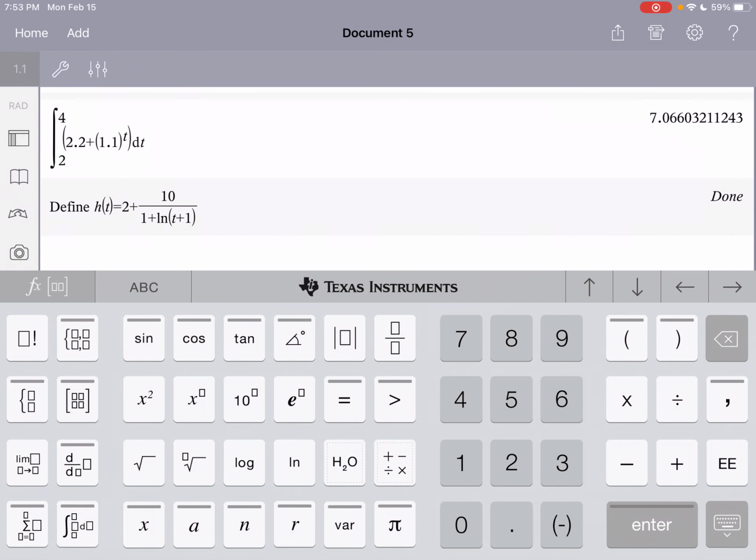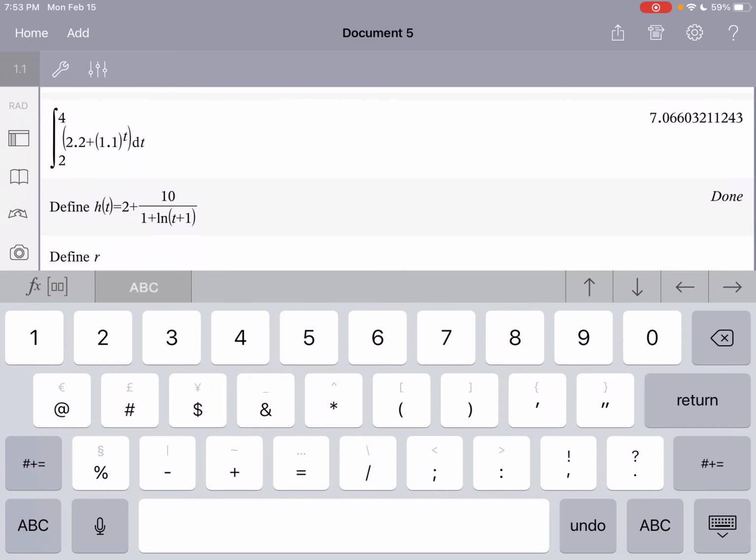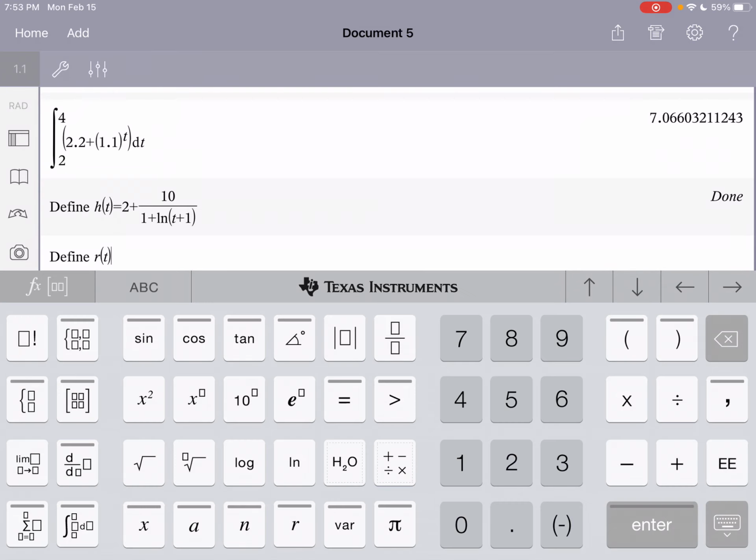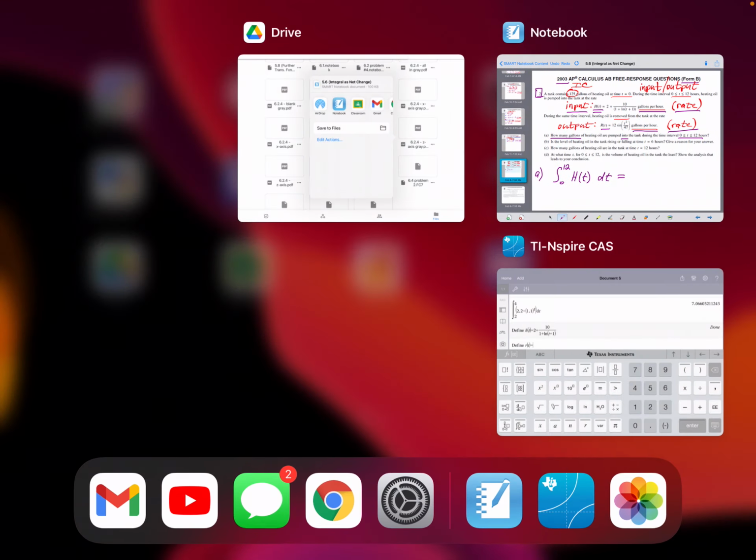Got it. And now, while I'm here, let me go ahead and define the other function as well. So we will define r of t, and that was going to equal, let's go back here, and this one had some trig in there, didn't it? r of t, 12 sine of t squared over 47.